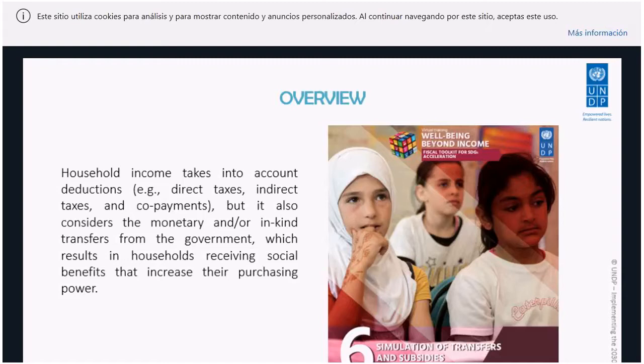And it is very important to take into account both in order to have a comprehensive picture of living conditions of the population in each society, and how we can improve those living conditions, whether through taxes or through social instruments, right? So in Guatemala, in this example, it is a dramatic result.